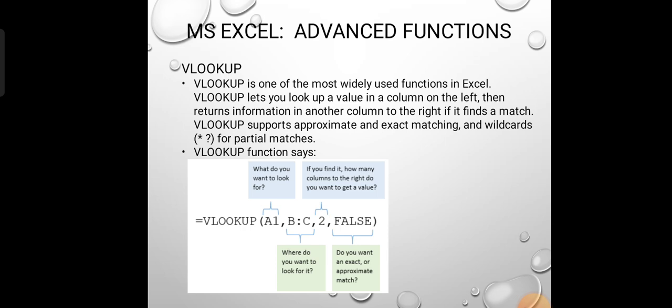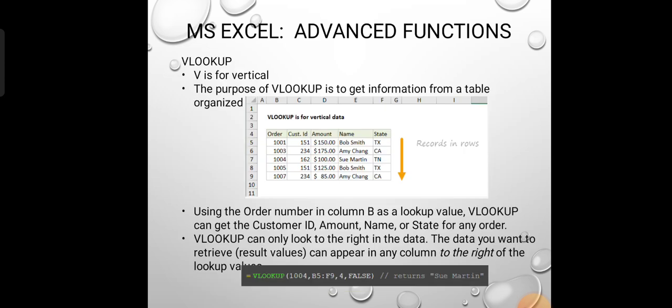It looks up a value in a column on the left, then returns information in another column on the right. The example: A is the B of C, then 2, false. Where do you want to look it up? You want the exact or approximate match. This is the advanced function VLOOKUP. V means vertical.